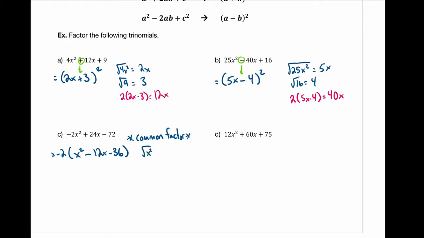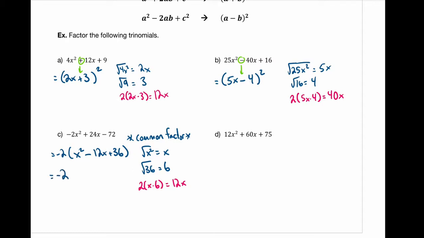If I take the square root of x squared, I get x. Oh, sorry, that should be a plus 36 because I factored out a negative. Square root of 36 is 6. Now I'm going to check to see if I multiply those two and then double them, does it give me the middle number? In this case, yes, it does. So this is a perfect square trinomial.